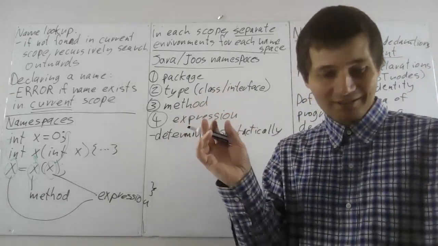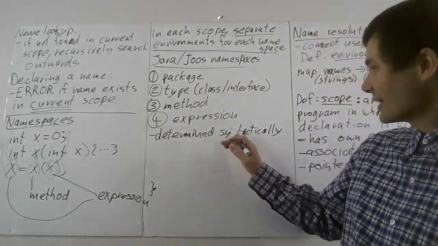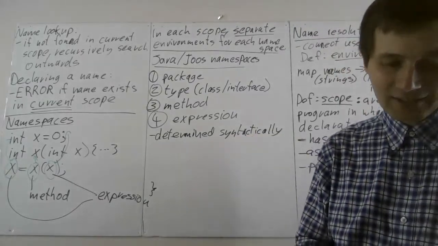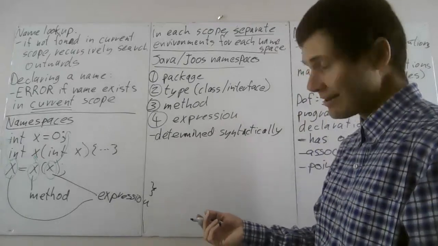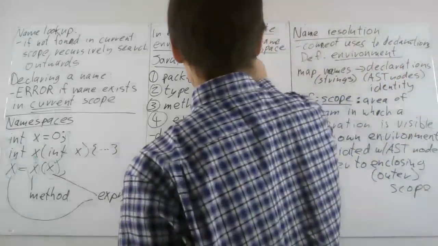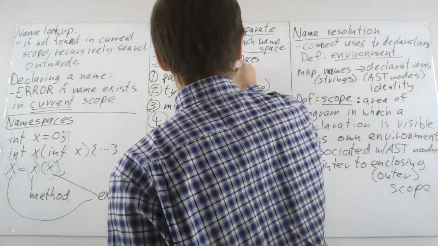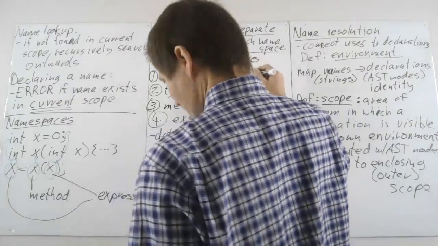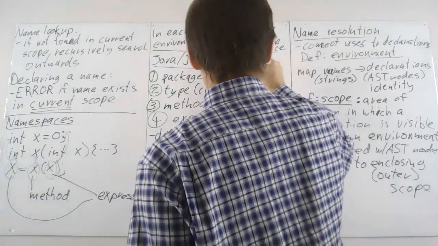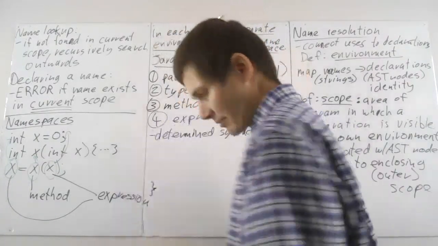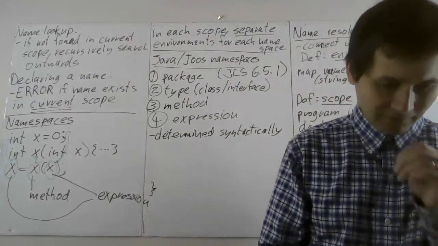Okay, so in theory, you're supposed to be able to tell syntactically, but in a real language like Java, things get complicated. I just want to give a reference to the language spec section 6.5.1, where you can read about namespaces in full detail.